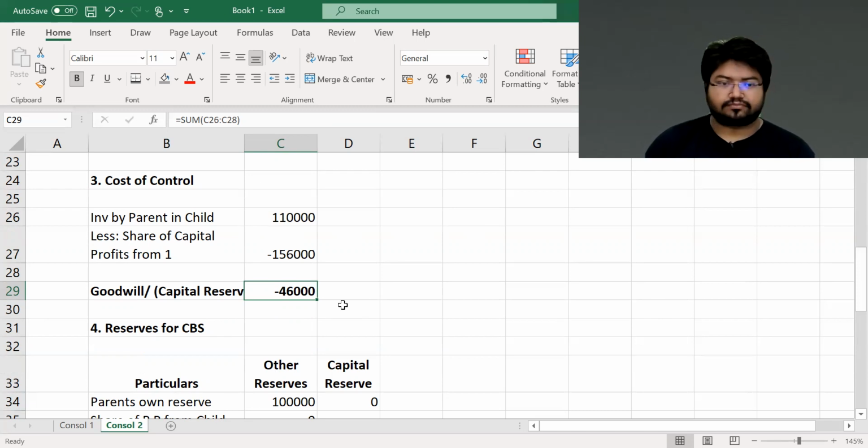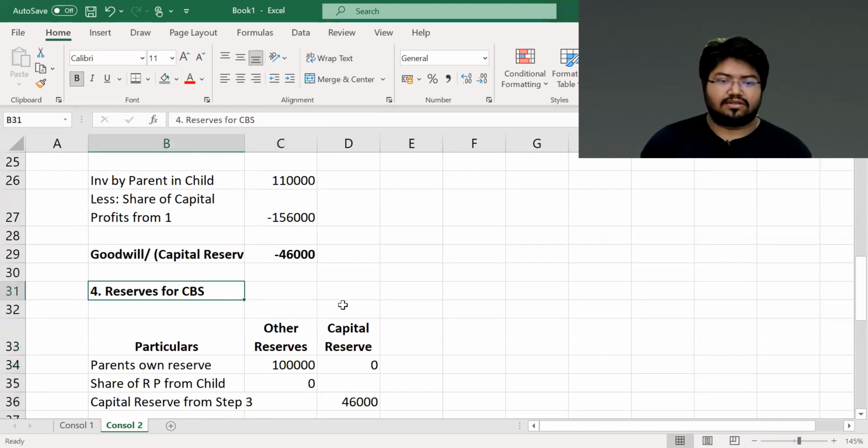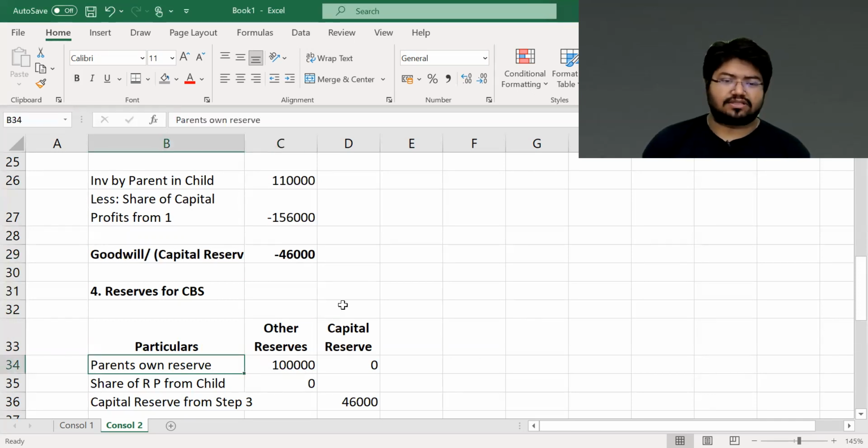Okay. Then reserves for CBS, take particulars: other reserves and capital reserve. Parent company has got 1 lakh of other reserves. Take it. It does not have any capital reserve.